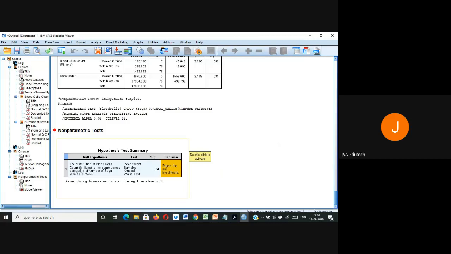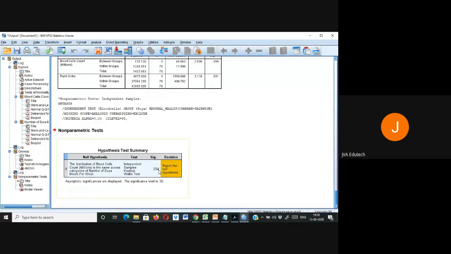So what value are we getting? A null hypothesis is formulated: the distribution of blood cells count is the same across categories of number of soya meals per week. So the null hypothesis states that there is no significant difference in the blood cells count irrespective of how many soya meals the person is fed per week.